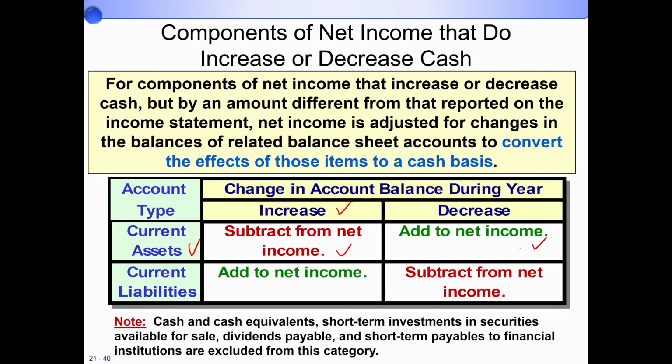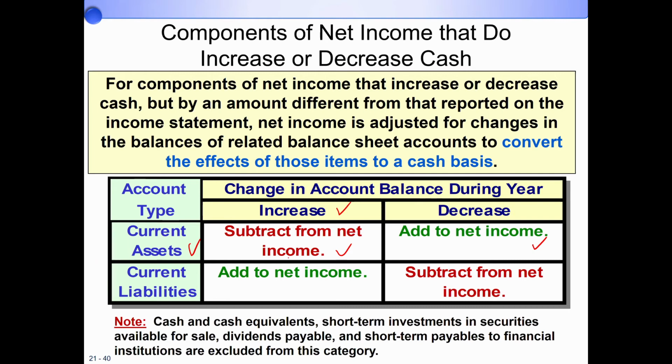Let me give you an example: accounts receivable. Accounts receivable is one of the current assets. Let's say accounts receivable increases. That tells us relatively we receive less cash payments, so we have less cash flow compared with accrual-based accounting, where you got net income.